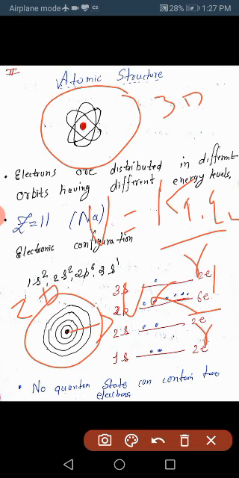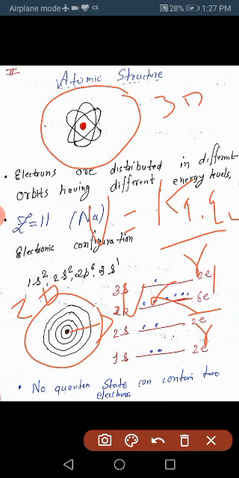So how is the energy increasing? The answer to this question lies in the negative sign of this energy, because we are talking about the energy of a system containing the protons inside the nucleus and the electrons in the orbit.